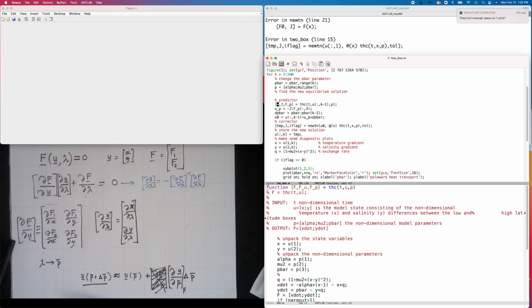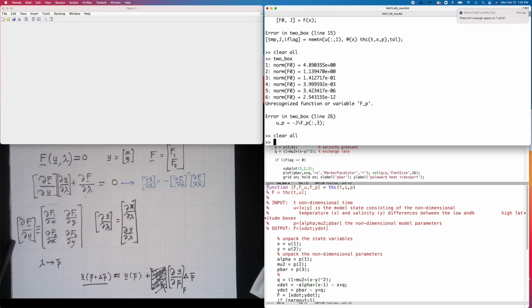I don't need the time rate of change of the model state, but I do need the Jacobian and f sub p. And from these I can construct du dp, or partial u, partial what I call lambda, or in this specific case, p bar. And then I construct the predictor. And then I stick the predictor in my Newton solver as the initial guess, and then I iterate.